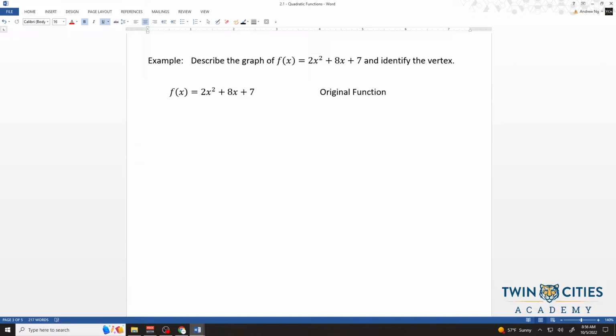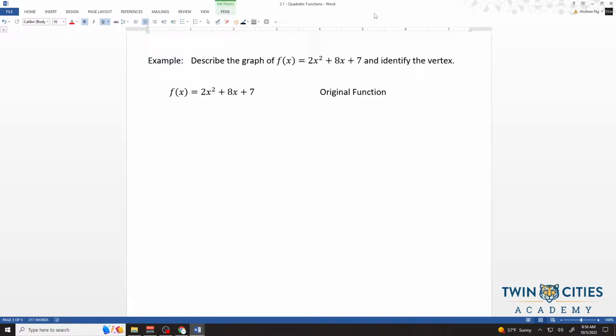Okay, as is, this is one of those that without some kind of graphing utility, such as a calculator or Desmos, is going to be hard to graph. So what I need to do is first get this into standard form so I can get a little bit better idea of how this is going to look even without making a graph itself.